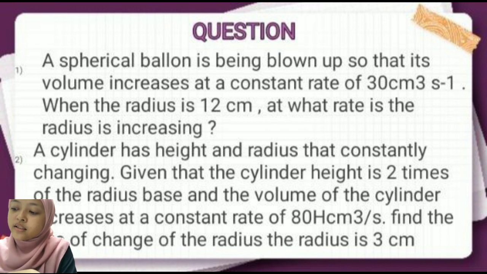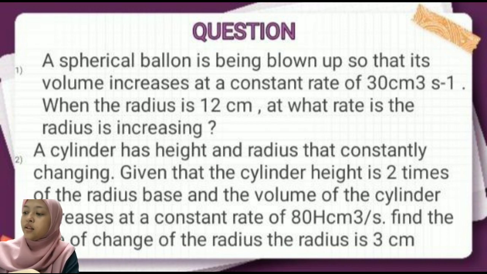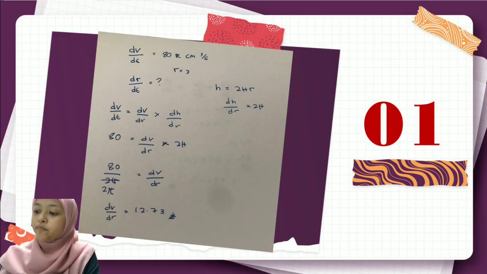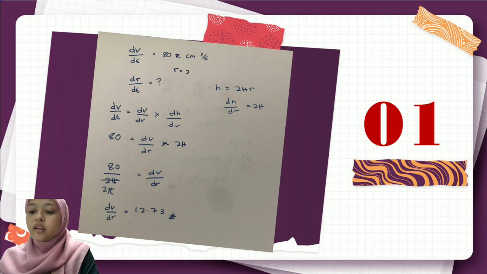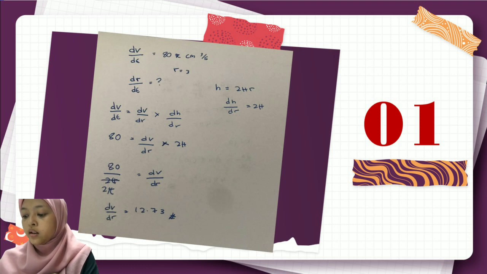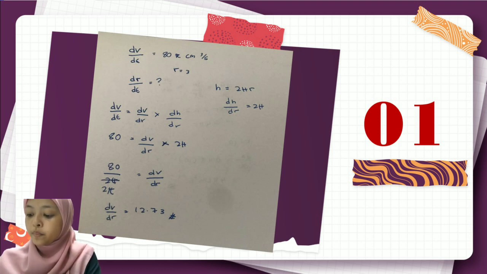A cylinder has height and radius that are constantly changing. Given that the cylinder height is 2 times the radius of the base, the volume of the cylinder increases at a constant rate of 80 pi, and the radius given is 3 cm. So dV per dt equals 80 pi, and h is 2 pi r, and we differentiate it as dh per dr equals 2 pi.